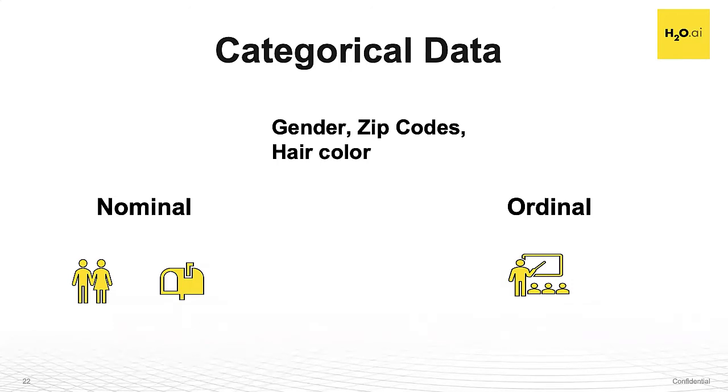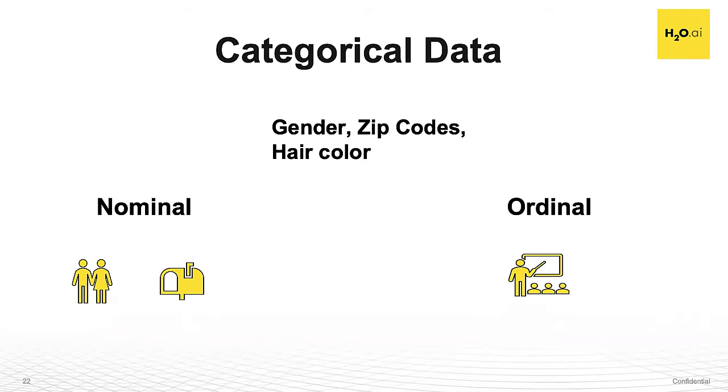Let's say there are students' grades, and the grading system says A for the best student, B, and then C. So this data is categorical because there are categories, A category, B category, and C category, but it also has an order where A is greater than B and B is greater than C. So that sort of data is ordinal categorical data.